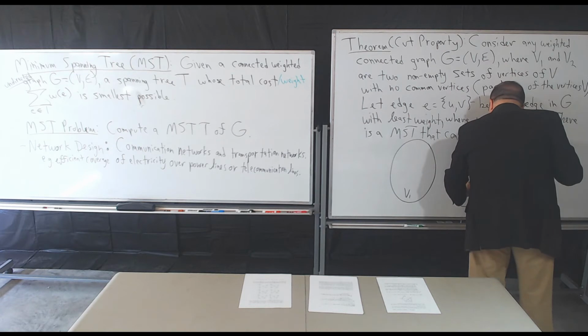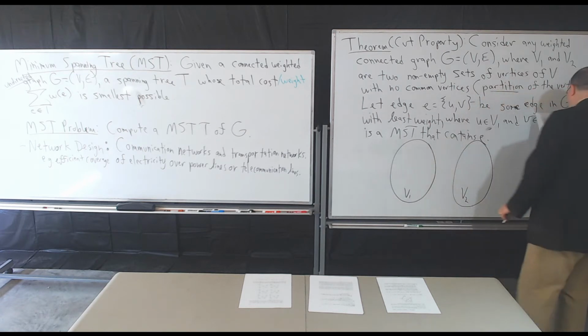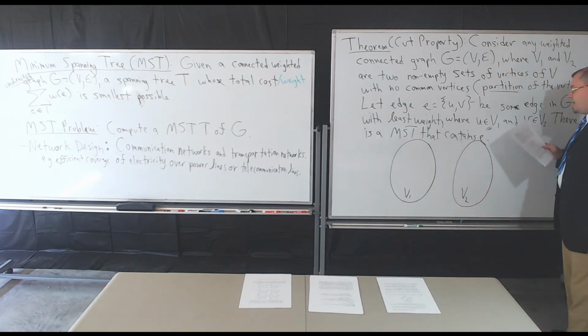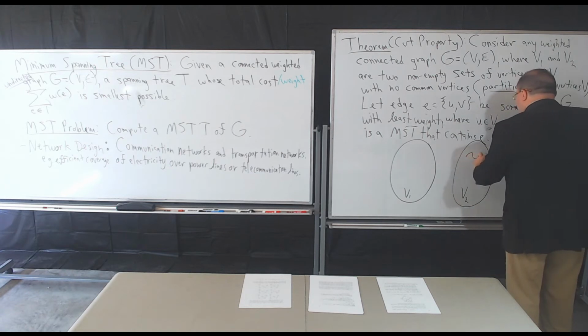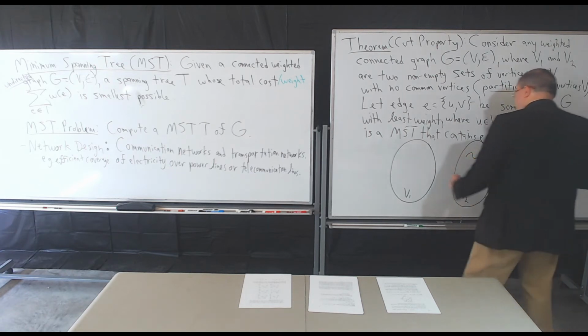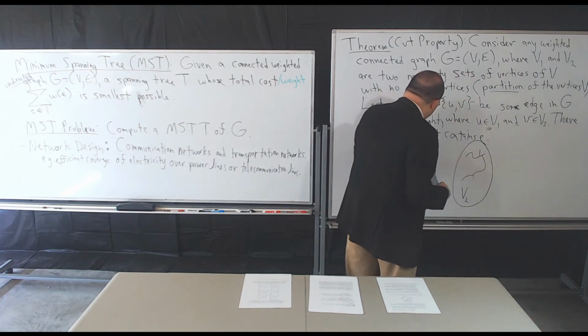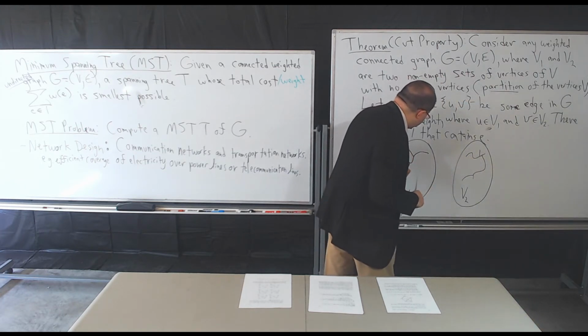So I have two sets of vertices, V1 and V2. Now, there might be a whole bunch of stuff going on in this part of the graph, and there may be all sorts of things happening in this part of the graph.